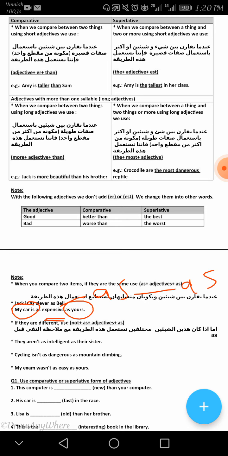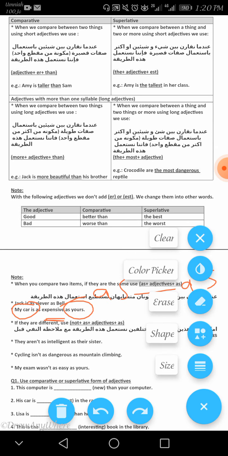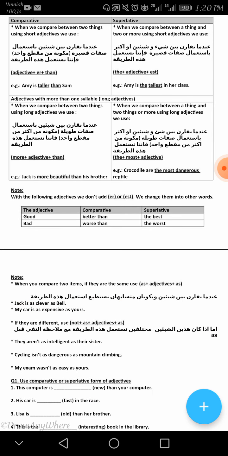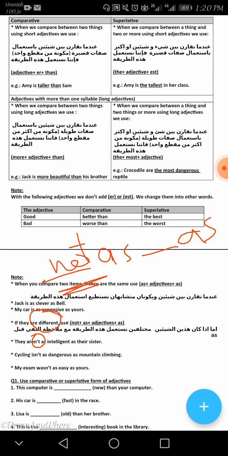Okay, if they aren't the same, إذا كانوا مختلفين, and I want to use as plus adjective plus as, so I put not before as. So they aren't as intelligent as their sister.